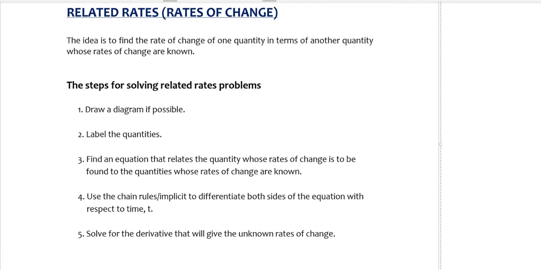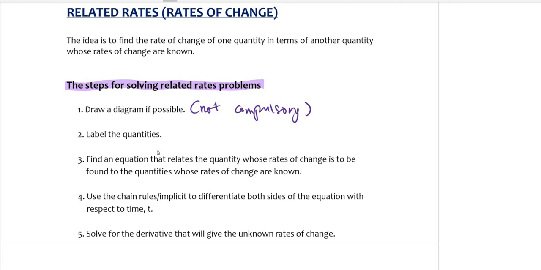The steps for solving related rates problems. The first one is you can draw the diagram if possible, but it is not compulsory. Label the quantities. This should be one of the first things that you need to do actually.